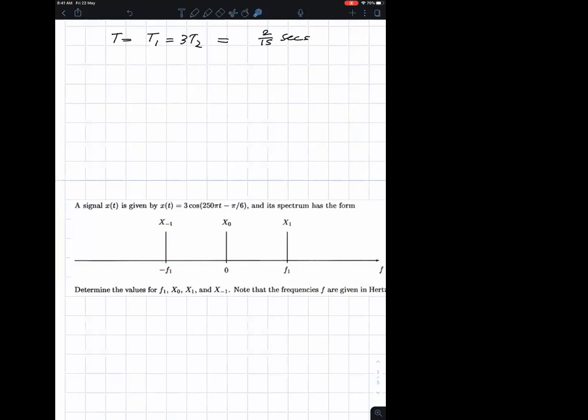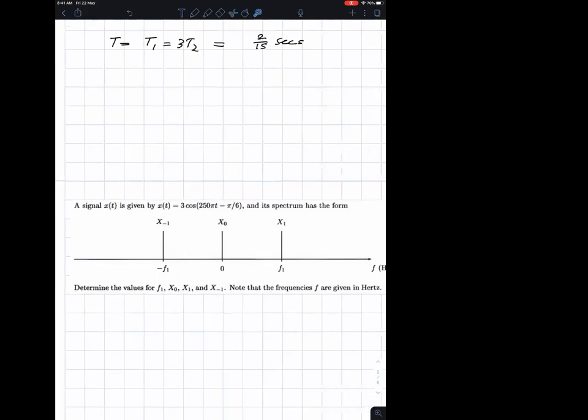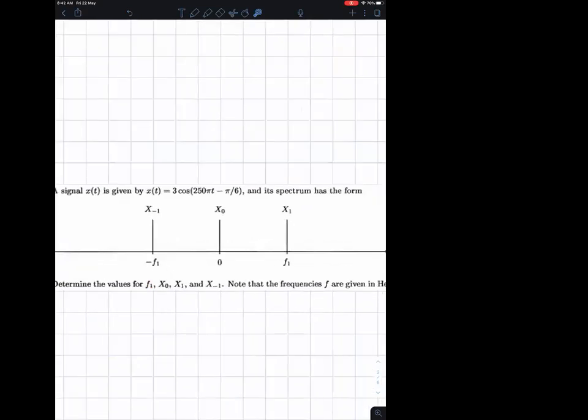This plus 1 is associated with the positive frequency. That's why this is called negative and this is positive. Please keep that in your mind. Determine the values for f1, X0, X1, X minus 1.